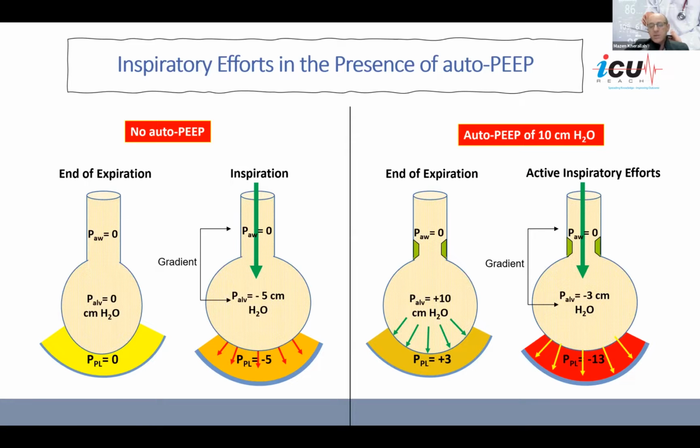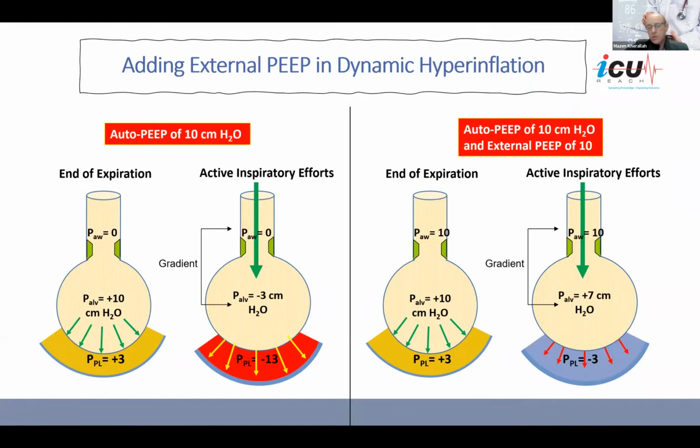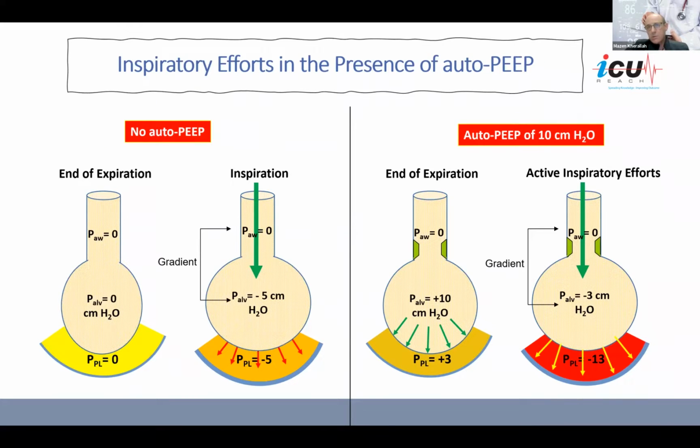This is the distending pressure on the alveoli. Of course, when I say airway pressure, I don't mean the peak pressure, okay? I mean the plateau pressure, because this is the pressure that is required to extend the alveoli in inspiration. In expiration, the airway pressure is the PEEP.